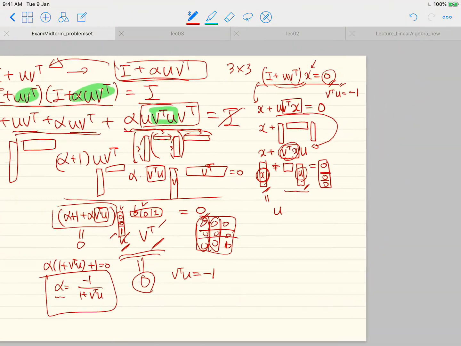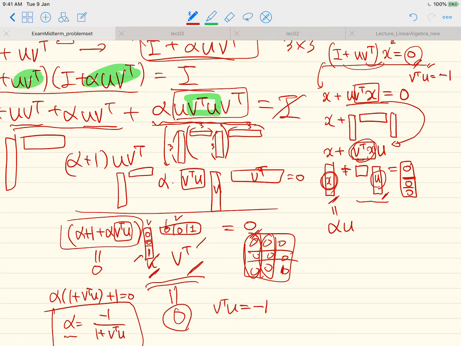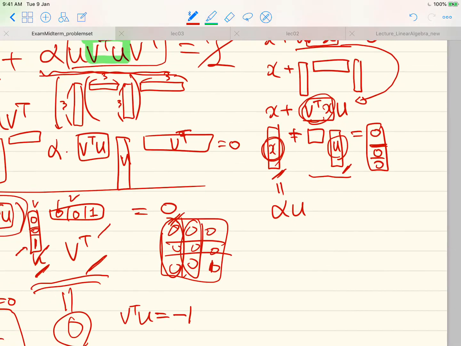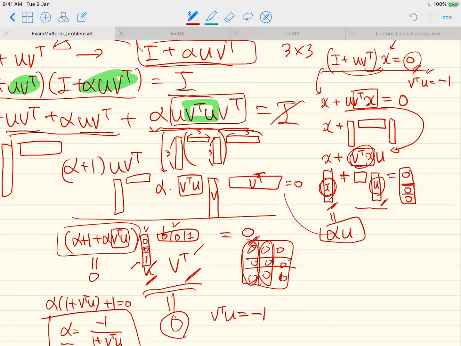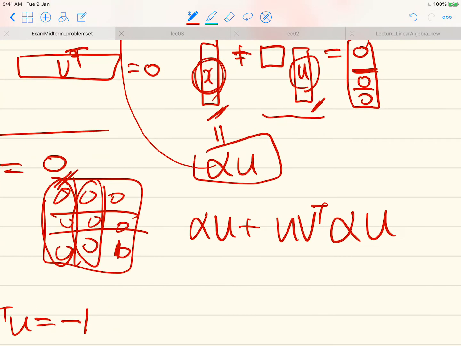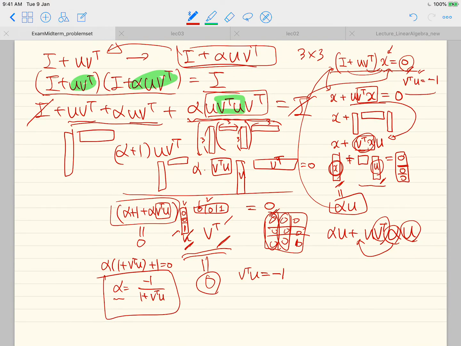So this alpha u will be our solution, and let's verify this is our solution by just plugging this over here. Then this alpha u plus u v transpose alpha u, right? And then this alpha can be moved out to the left, and v transpose u is what? -1.